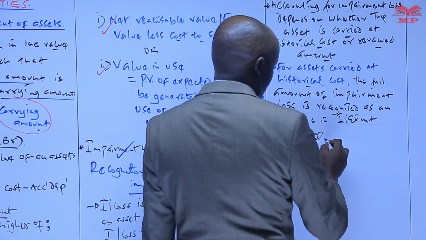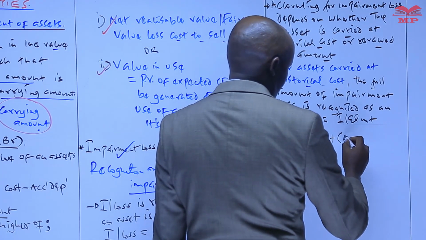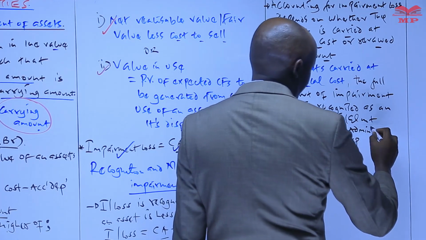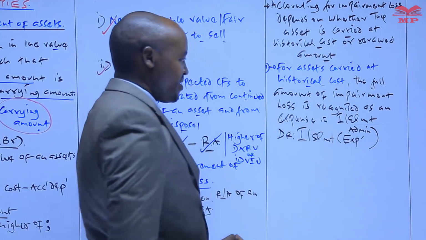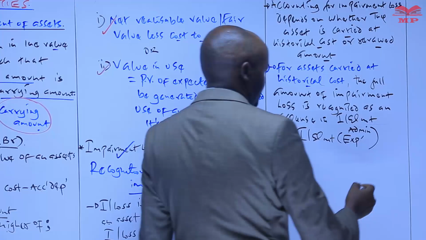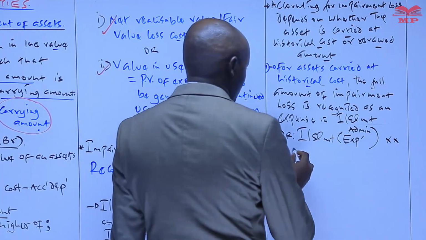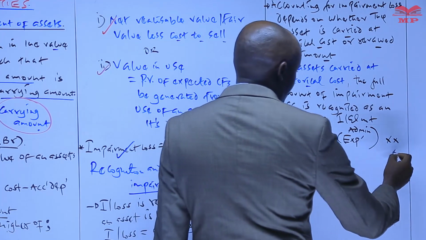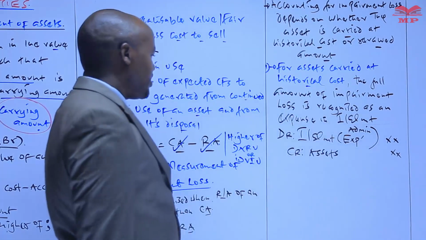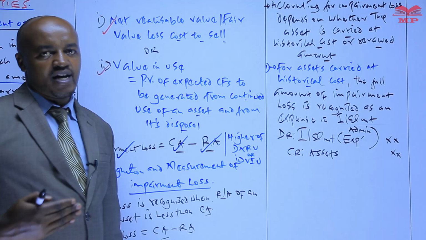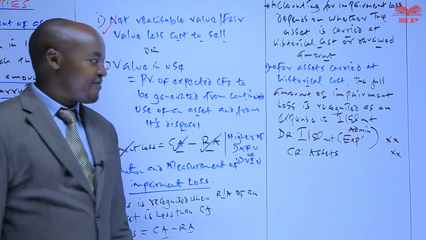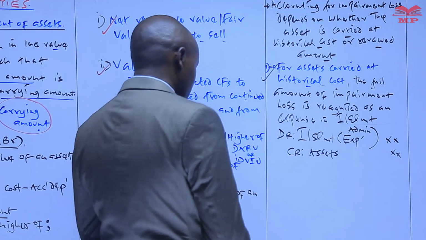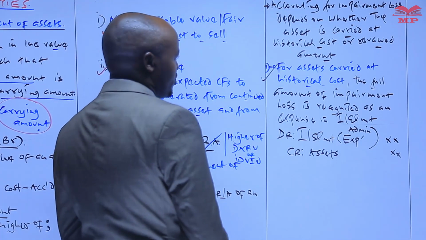We debit it in the income statement. By debiting that impairment loss, we are accounting for it as an expense, and specifically, it should be included as part of the administrative expenses. And then we credit the asset account, to reduce the carrying amount of that asset to an amount equivalent to the recoverable amount. So that's how we account for the impairment loss for assets carried at historical cost.